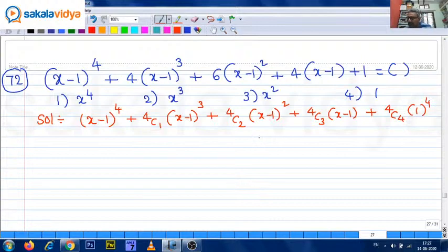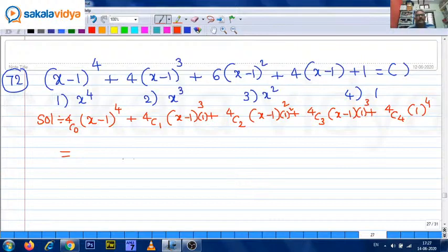So this is nothing but x to the power of 4 plus 4c1, and this also can be written as 4c0, times 1 cube, 1 square, 1 cube, 1 power 4.